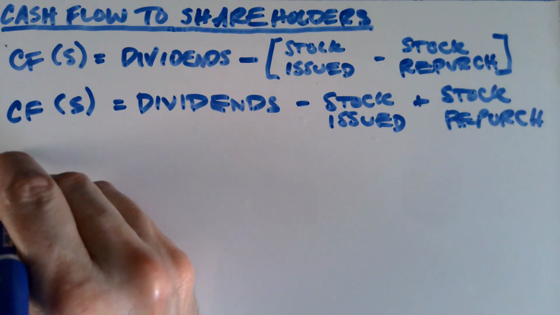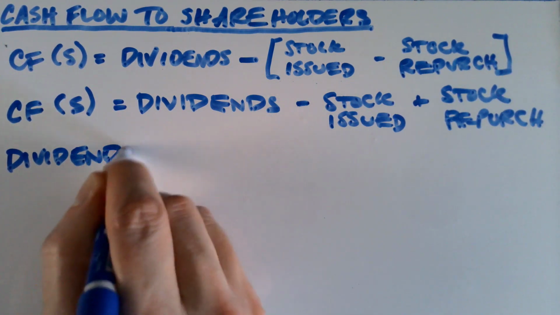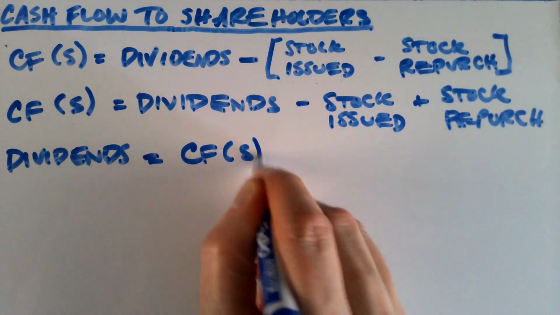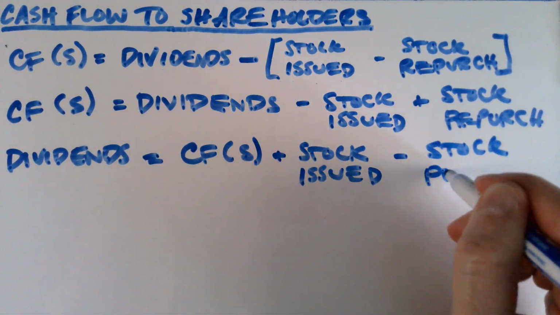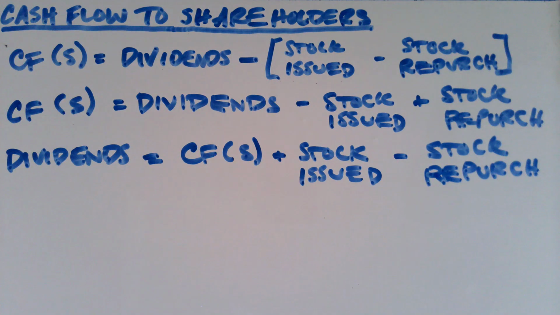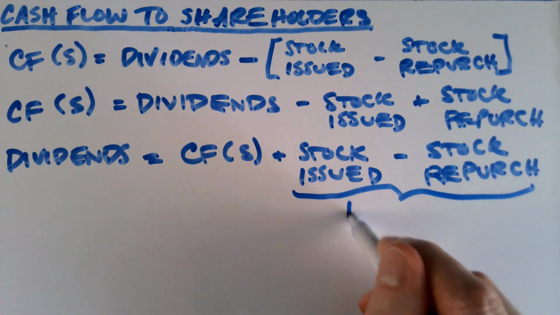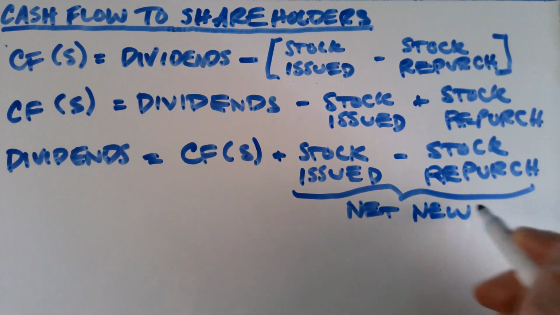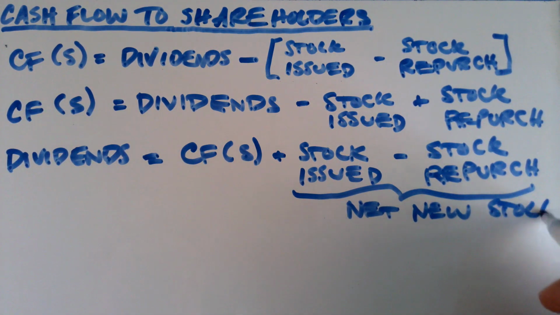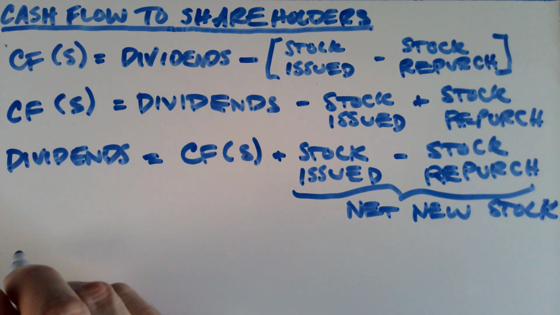For example, what if I wanted to find dividends? And notice when we do this, that this piece over here is net new stock. We could also find how much stock had been issued.